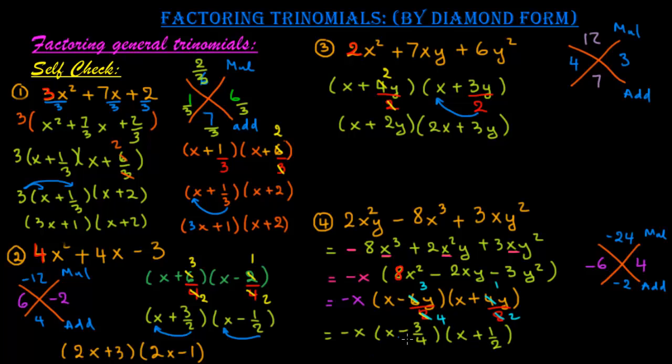As we know, we have fractions, so I move 4 forward in front of x and also move 2 forward in front of x. So the final answer will be negative x times 4x minus 3 times 2x plus 1. And that is the final answer for problem 4.